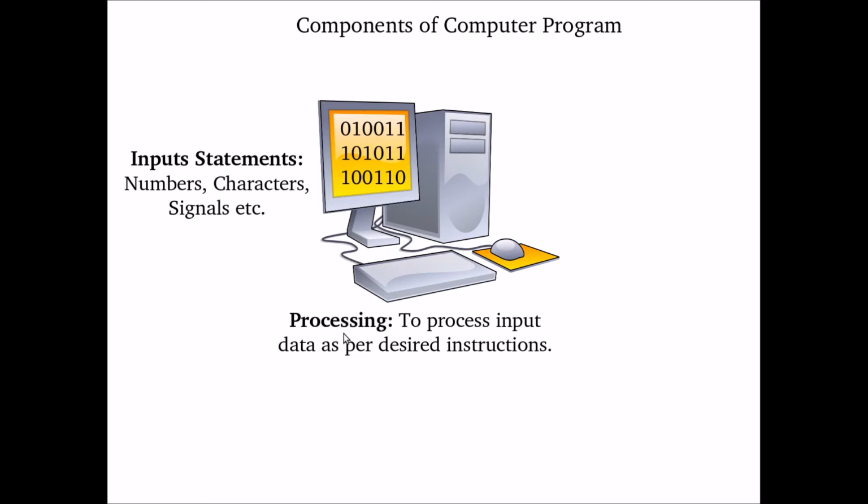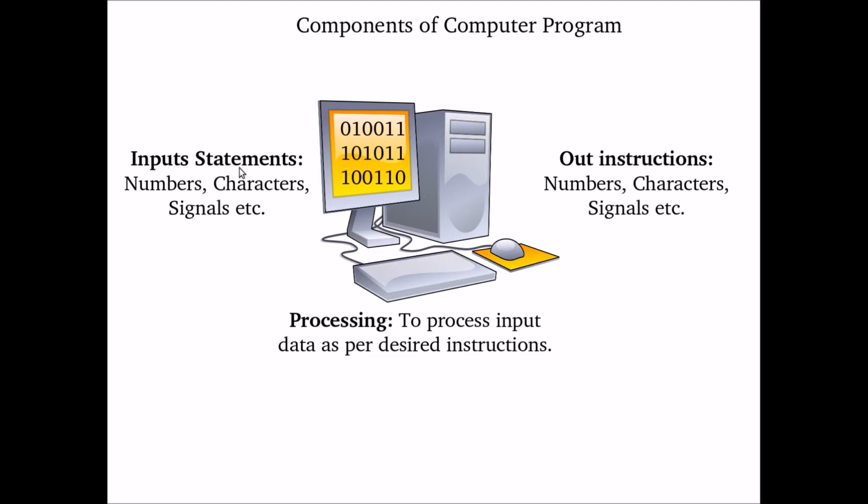And for that, the computer program will have some instruction sets which will process that data as per desired instructions, and then that program should give us some output, which again can be in the form of numbers, characters, or a voltage signal, right? A simple example is a computer based amplifier. It may have some microphone which takes some signal as an input, then converts it into zeros and ones, and that is processed by some amplifier to some output, and then that signal is further given in the form of output in some speakers, for example.